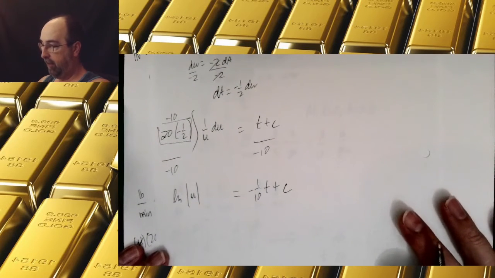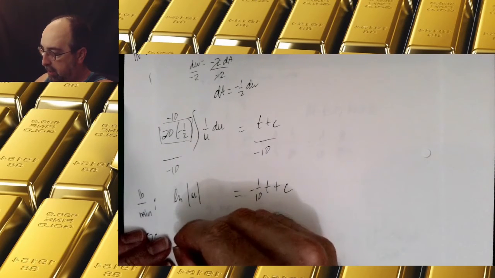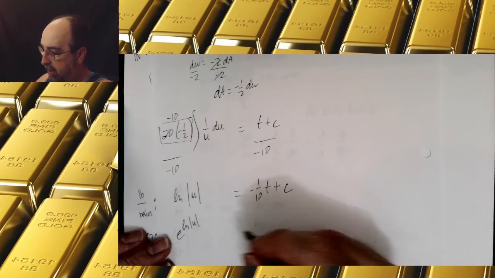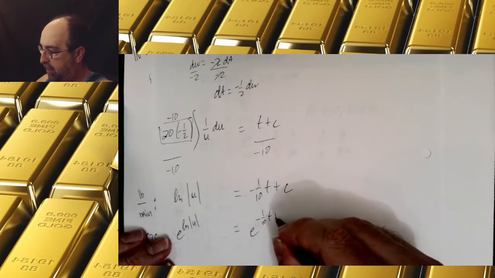Okay, now what they say is that you can make the ln go away if you do e to the power. So e to the ln of the absolute value of u is equal to e to the negative 1/10 t plus c.